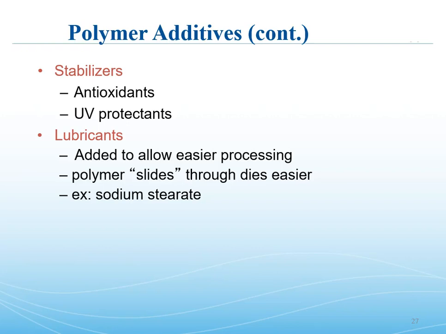They allow polymers to be more easily processed, usually up and around glass transition temperature. You can think of it as a plasticizer that has been deliberately allowed to bloom to the surface so that it's available to reduce coefficient of friction with a processing opposing surface like a die. And then of course colorants, which again overlap with stabilizers in the case of UV.